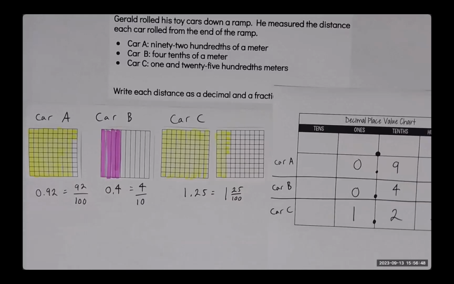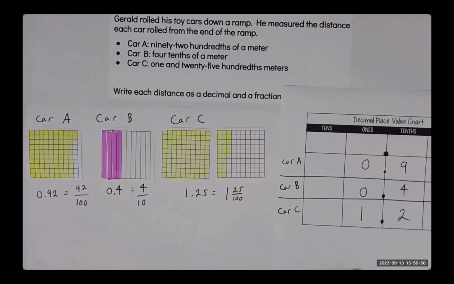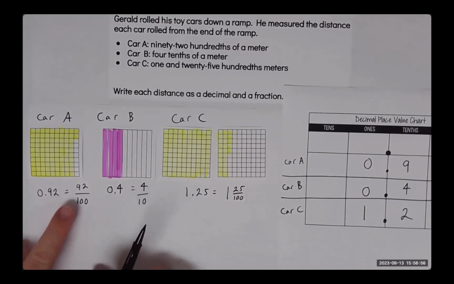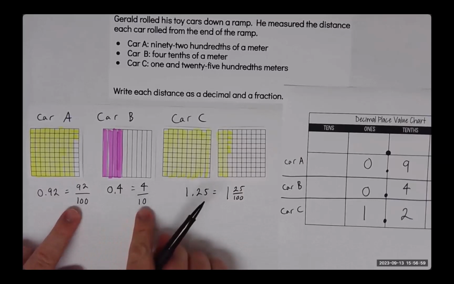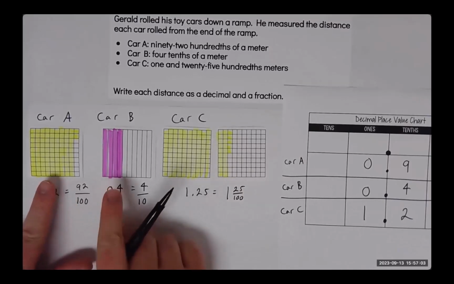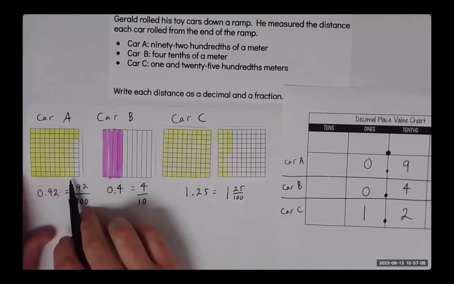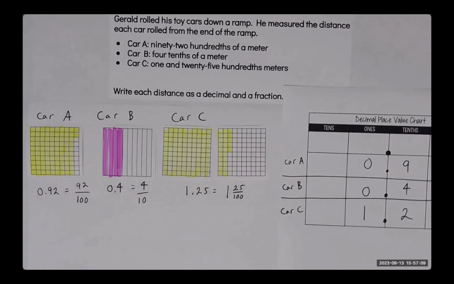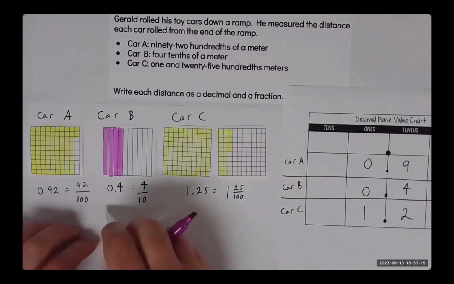Now, one more thing I could do with these numbers is order them from least to greatest or greatest to least. I'm going to order these numbers from least to greatest. So, looking at these values, I'm going to first compare 92 hundredths and 4 tenths. I can compare that by looking at my decimal grids. I can see that 92 hundredths has more shaded in than 4 tenths.